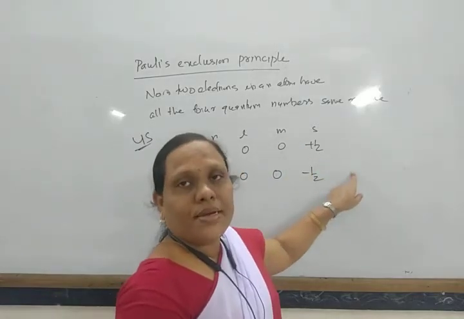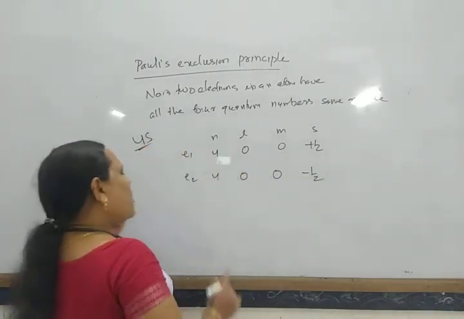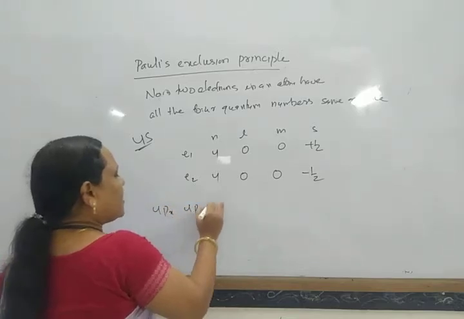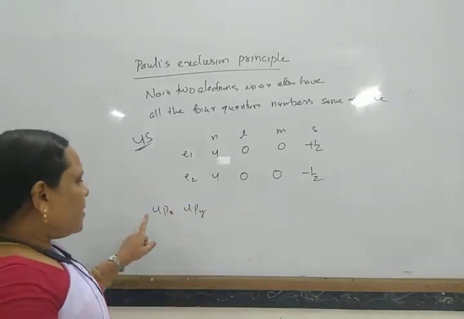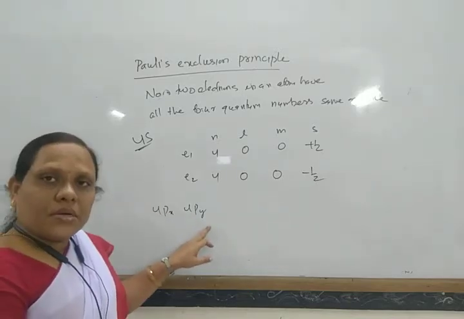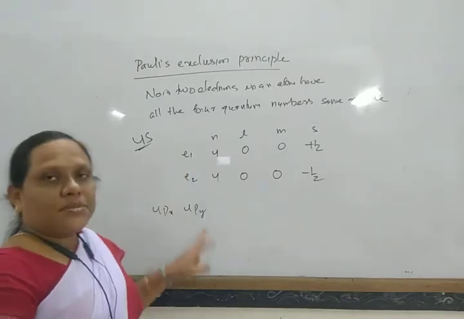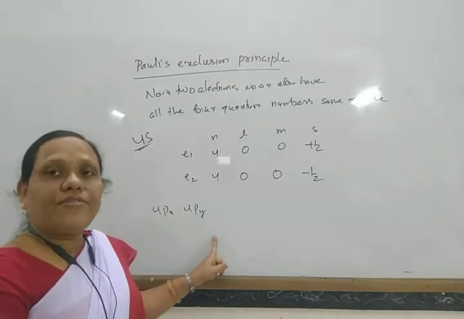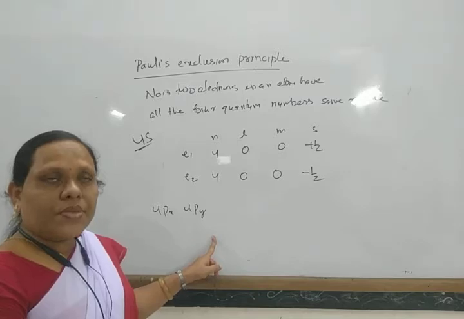Similarly, if you consider two electrons from 4px and 4py, they may have the same principal quantum number and the same azimuthal quantum number, but they have different values of the magnetic quantum number.